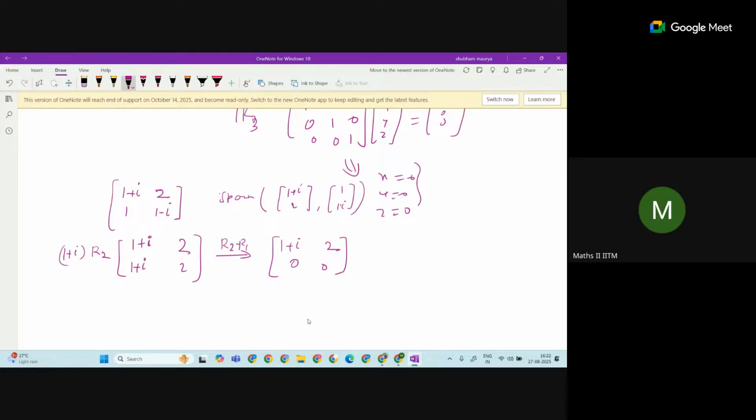Very carefully you have to proceed. So the basis for the row space is one dimensional, (1 plus i, 2). Is it clear? This is how you can proceed.